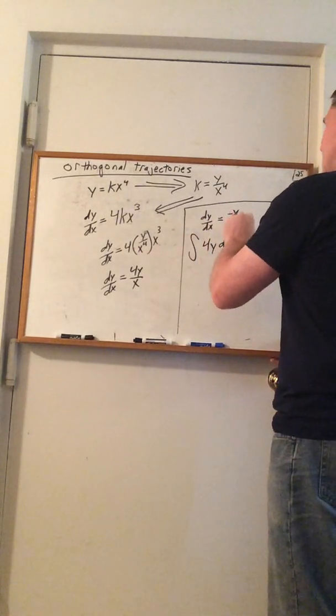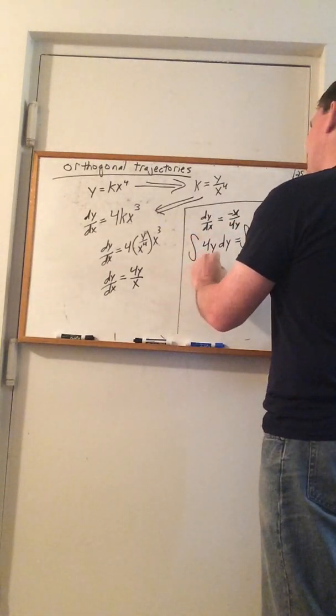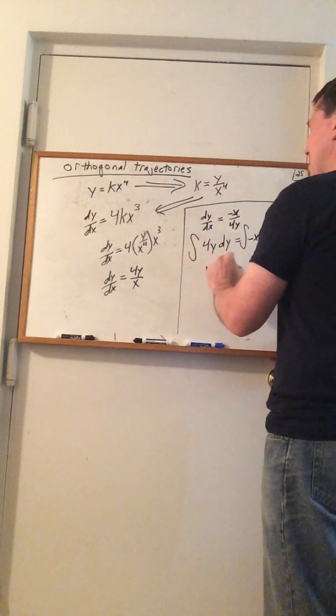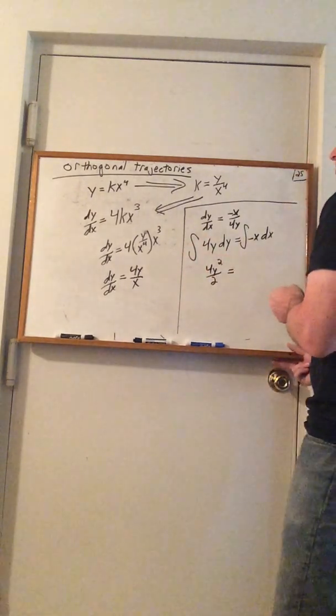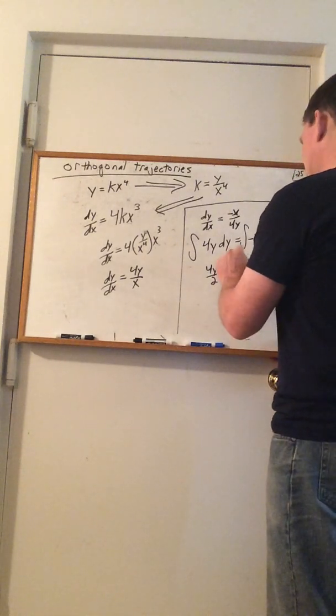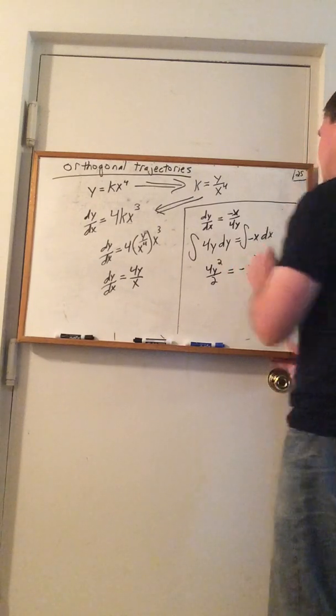Integrate both sides. Here, the antiderivative of 4y is 4y squared over 2. I know those will cancel, I'm just writing it long form. Equals negative x squared over 2 plus c.